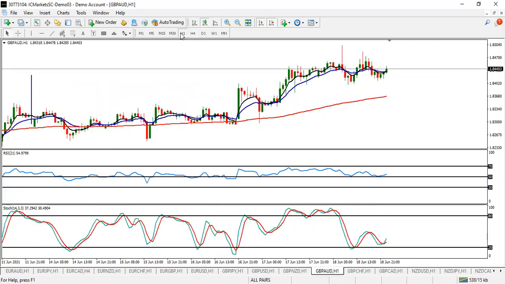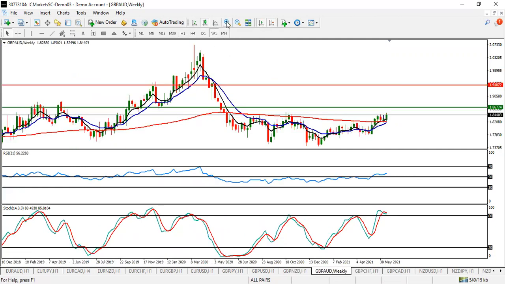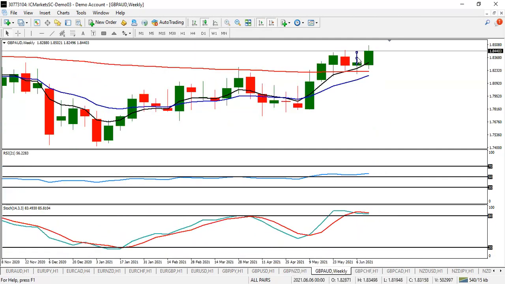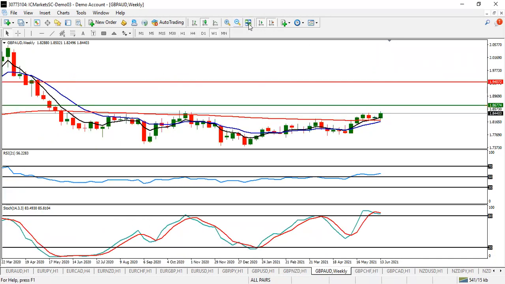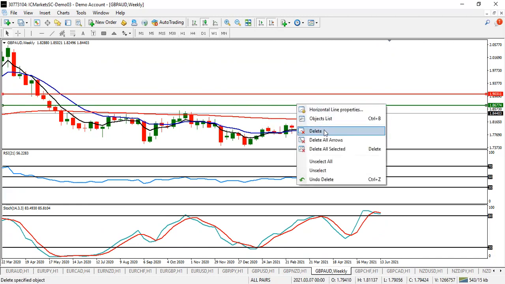GBP AUD, almost the same structure with GBP NZD, is currently to the upside. The weekly candle closed in green, and we have seen a structure being broken right here. A strong evidence to us that this pair is most likely going to continue pushing up.